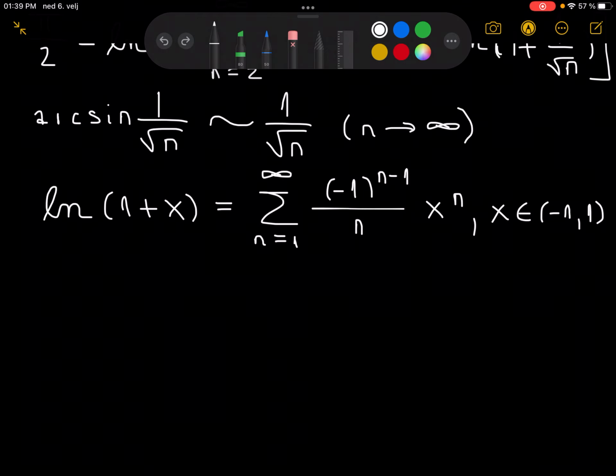So let's just go ahead and rewrite a couple of the first members. When you plug in 1 here, you'll get minus 1 to the 0, which is 1, over 1, times x to the first power, which is just x.